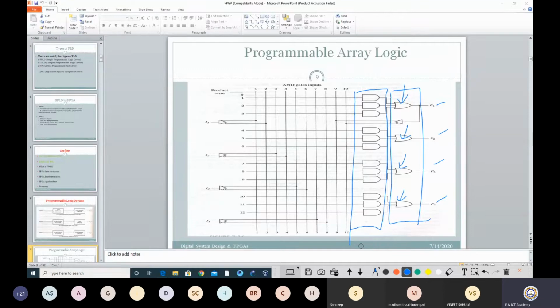If you see the input of your AND gate, there are some points you can consider as a crossbar. This suggests the programmability. Whenever there is an intersection of a horizontal and vertical line, at that particular point you can provide the fusing. Fusing means you can connect those points and get the desired functionality.